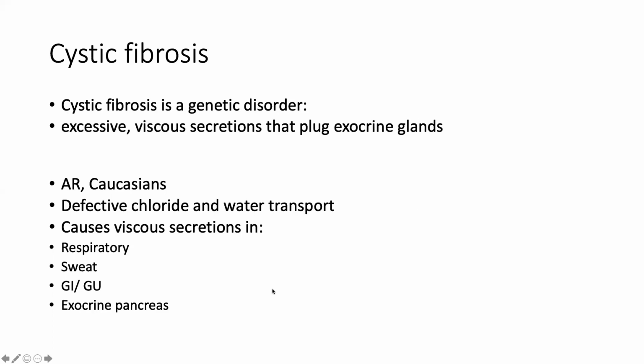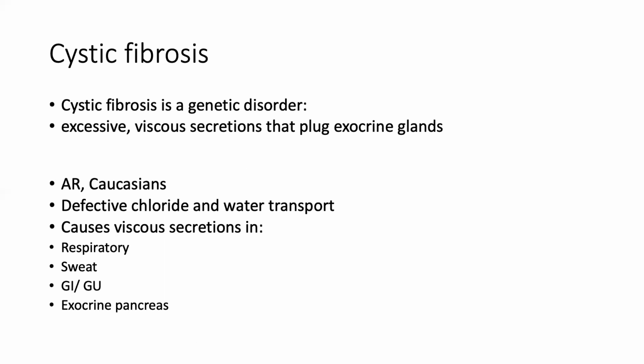The next medical issue is cystic fibrosis. Cystic fibrosis is a genetic disorder. In cystic fibrosis, there are excessive secretions, which are viscous, very thick, and that blocks the exocrine glands in the body. It is an autosomal recessive disorder. It's more common in Caucasians.